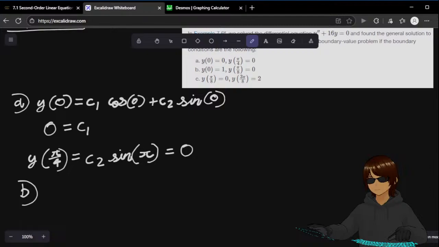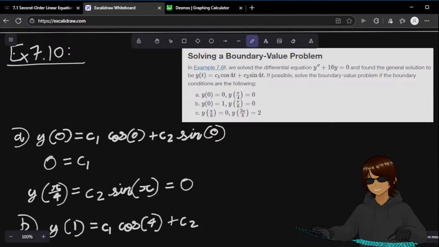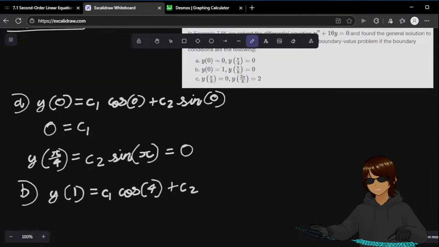B, we have y(t) equals C1 cos 4t plus C2 sin 4t, right? That's not y.